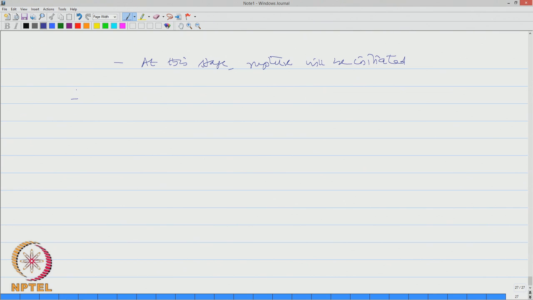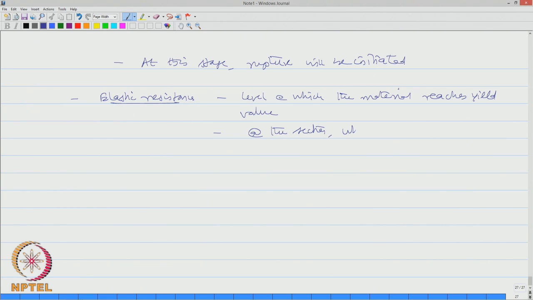If you look at the elastic resistance, this is the level at which the material reaches yield value, and this generally occurs at the location or at the section where moment is maximum.